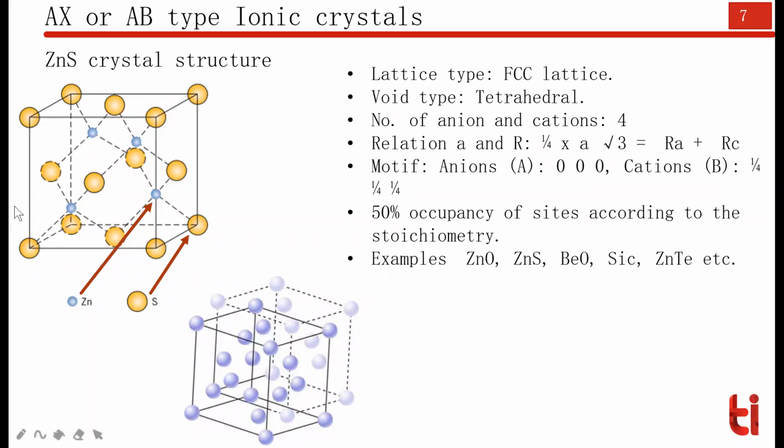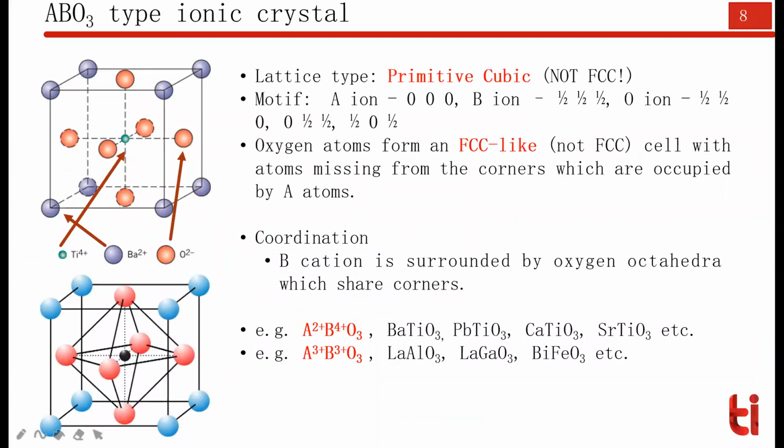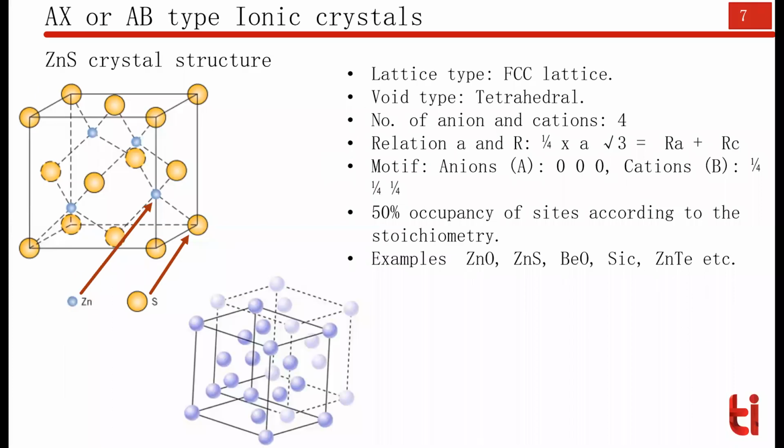Okay, motif is basically the term which is used to define the atoms which are sitting at a lattice point. If you remember, when I started teaching you the crystal structure, I said crystal structure is made up of lattice plus basis.